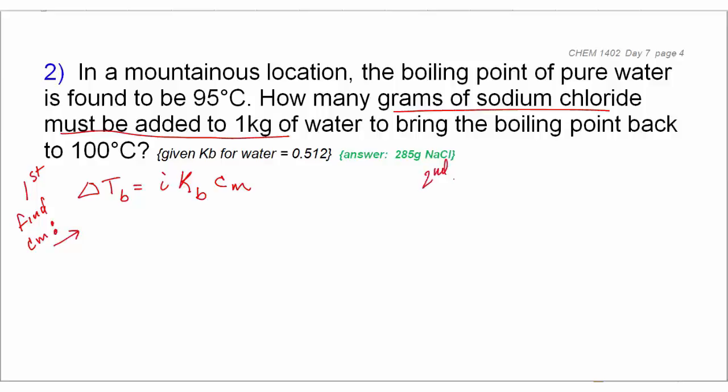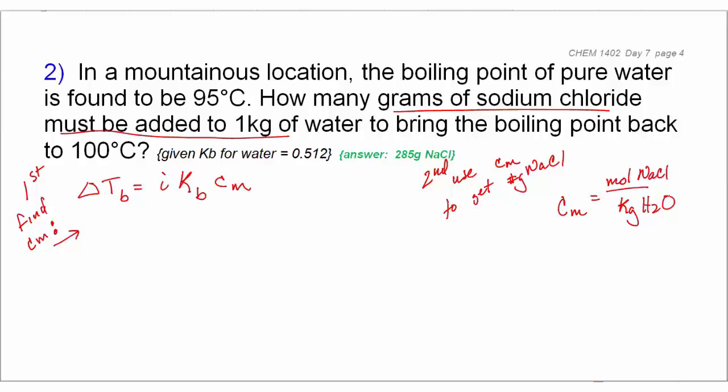Second, we'll use molality to get grams of sodium chloride, because molality is the moles of solute over the kilograms of solvent. Moles of sodium chloride over kilograms of water. So we can solve for moles of sodium chloride and convert into grams of sodium chloride.